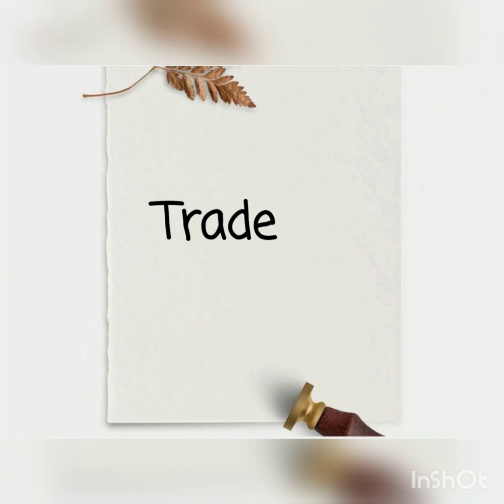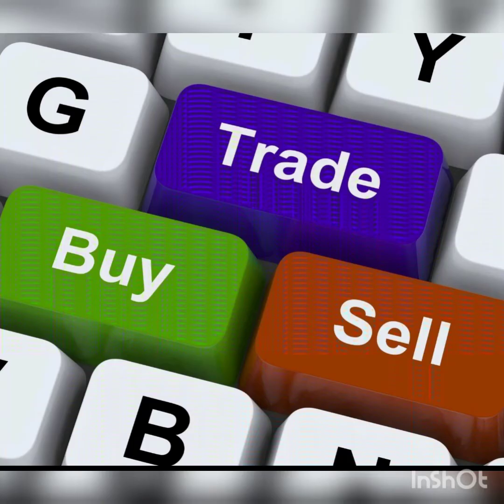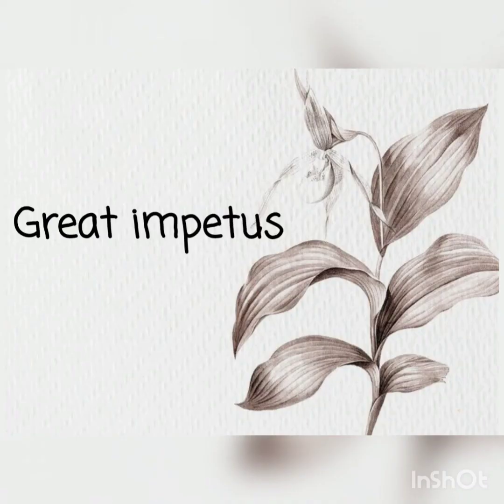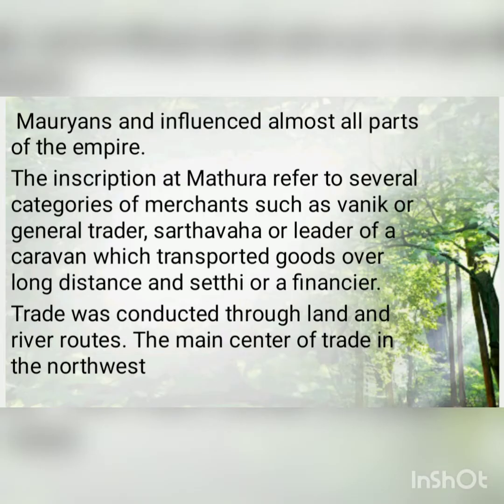Next, trade. So, what is trade? Trade is an act of buying and selling goods. Being a major source of revenue, trade and urban economy received great impetus. Great impetus here means encouragement resulting in increasing activities under the Mauryas, and it influenced almost all parts of the empire.